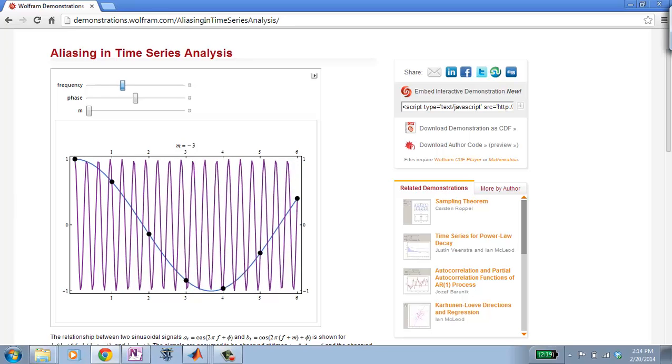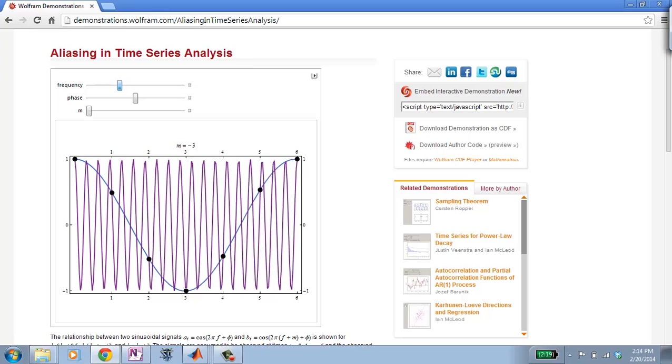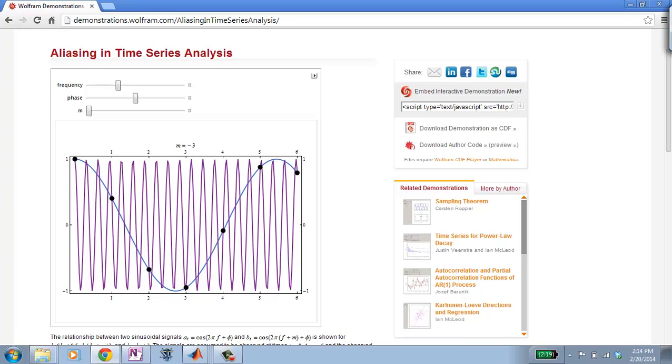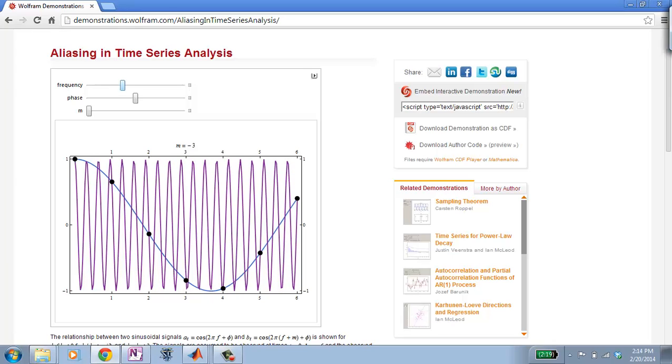So you see that what I'm doing is I'm adjusting the frequency of the purple one, and then it's always showing me which blue one is the same. It's giving me another sinusoid that's exactly the same. In fact, there are going to be an infinite number of sinusoids that we could find that go through these same points. And so these sinusoids, in effect, are aliased because there are many names for them. We could write them down. They can look like different formulas on paper, but they're actually the same thing.